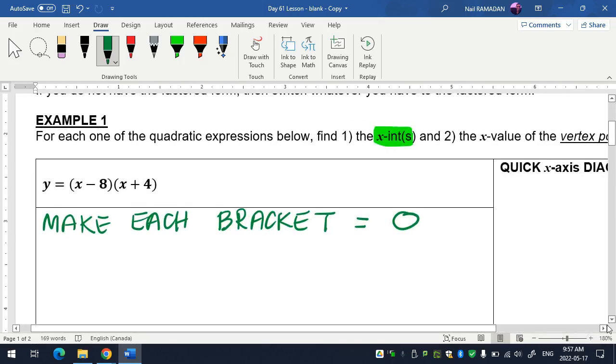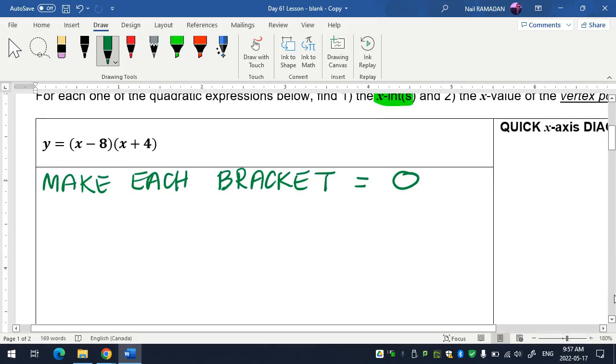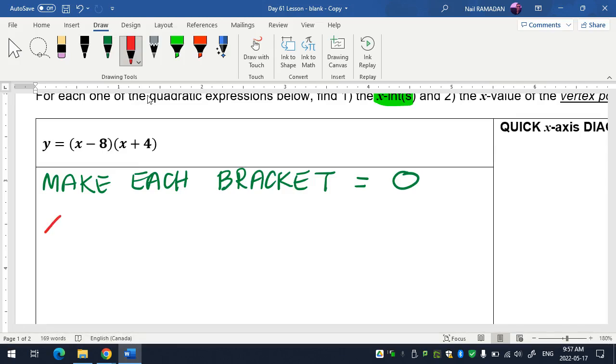So what does this mean? Well, let's look at the first bracket. What's inside of my first bracket? x minus 8. So here is my first one: x minus 8 equals 0. Can someone tell me how to solve this? Exactly. You keep the x here, and you move the minus 8 to the other side. When something moves to the other side, what happens to the sign? It flips.